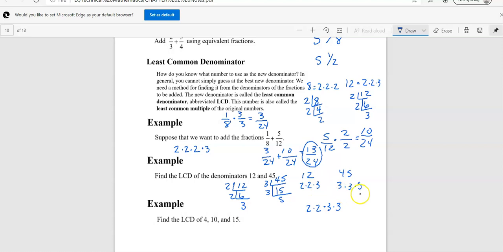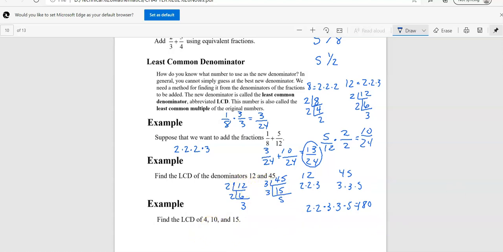I've got no 5s and 1 5, so I have to list the 5. So when we multiply this stuff out, 2 times 2 times 3 times 3 times 5, we get 180. That's going to be the least common denominator of 12 and 45.